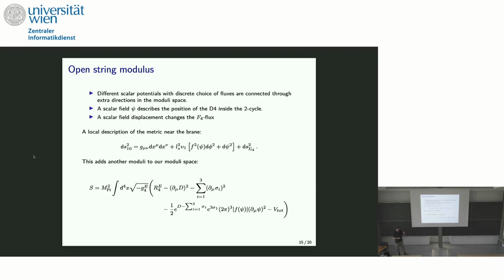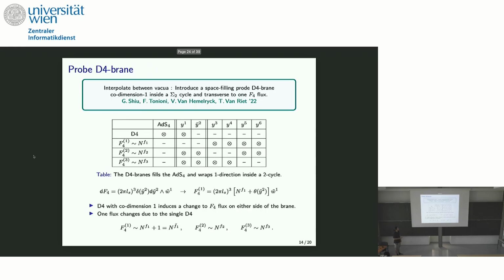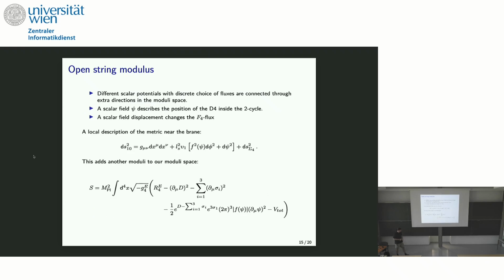So if you are at the south pole, for example, this is 0, and then this expands, becomes large, and then becomes 0 again. This is the way the authors interpreted the existence of this modulus inside the 2-cycle.